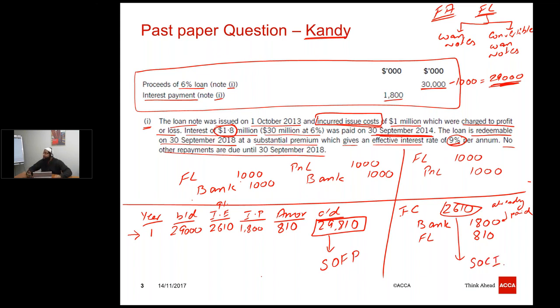Harsh is asking again, 810 from where? 810 is 2,610 minus 1,800.